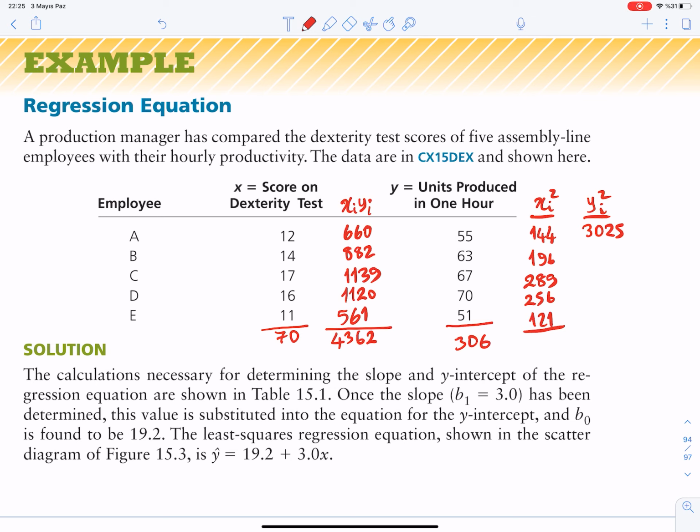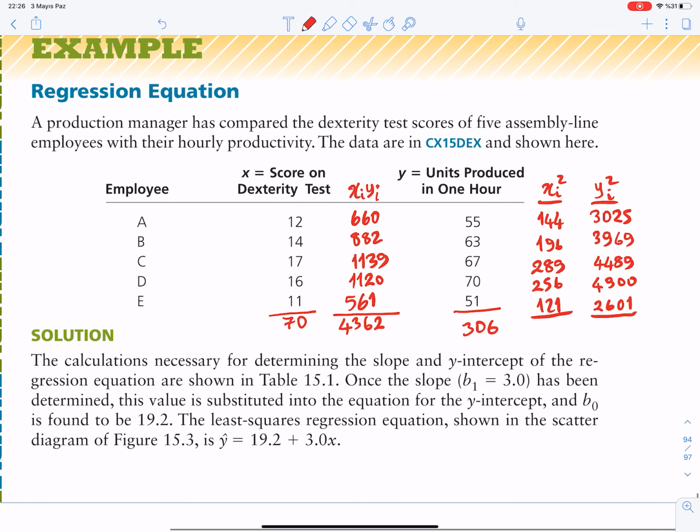The second one is 63 square, which is 3,969. And 67 square is 4,489. 70 square is 4,900. And 51 square is 2,601.